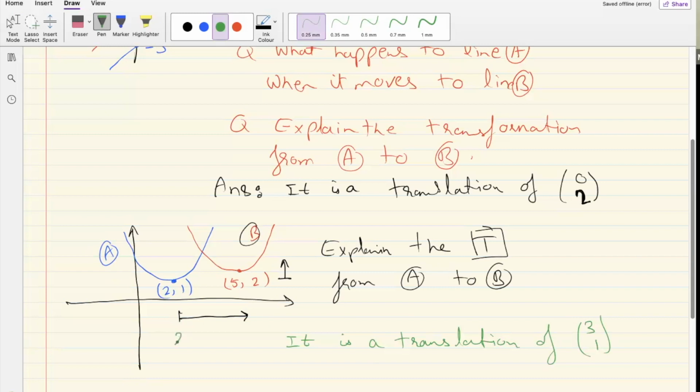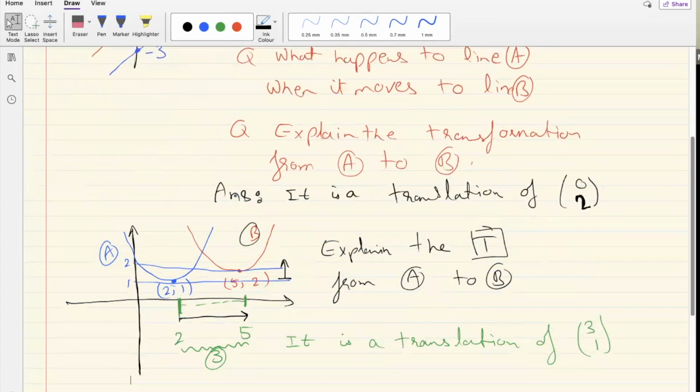From positive 2 in x-axis, the curve has moved to 5. So it has moved 3 units. Then from positive 1 in y-axis, it has moved to positive 2 in y-axis. It is a movement of 1 step upwards. So the translation is 3, 1 for every point. Although equation is not given, we can still comment what happened to this curve.